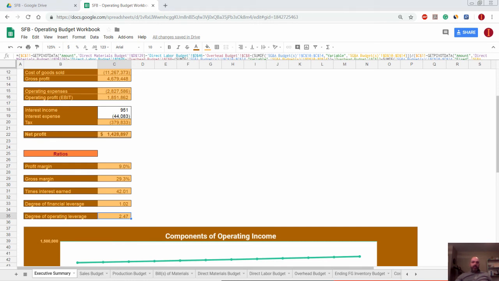Degree of operating leverage is similar, but the fixed expense is not interest. It is fixed costs. All fixed costs. Okay, fixed costs, so fixed overhead and fixed costs in the SG&A budget, which is why that's an option there to choose whether the department's variable or fixed.